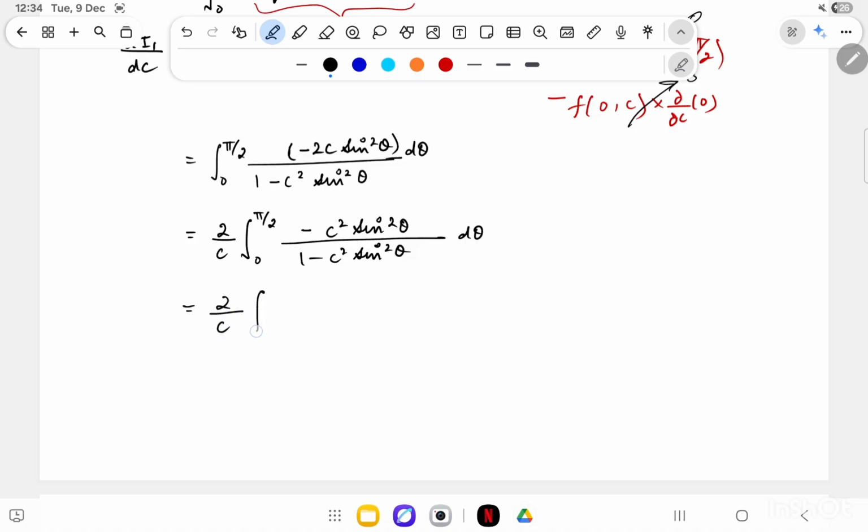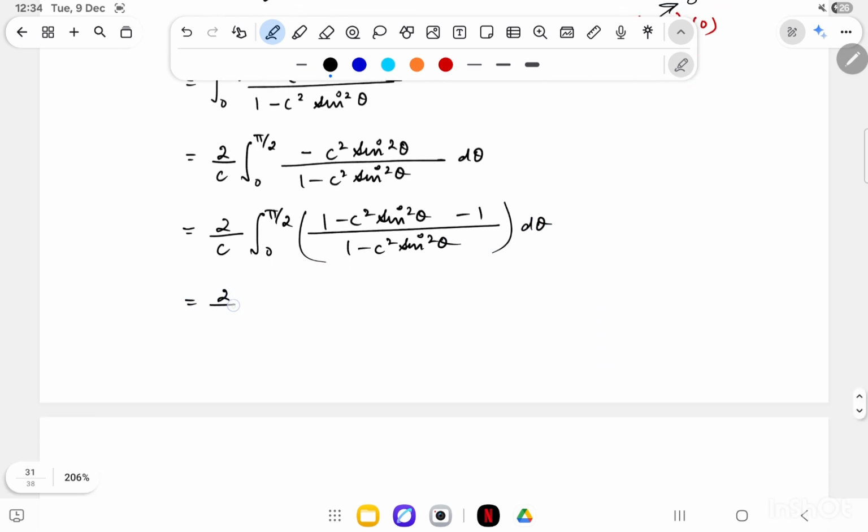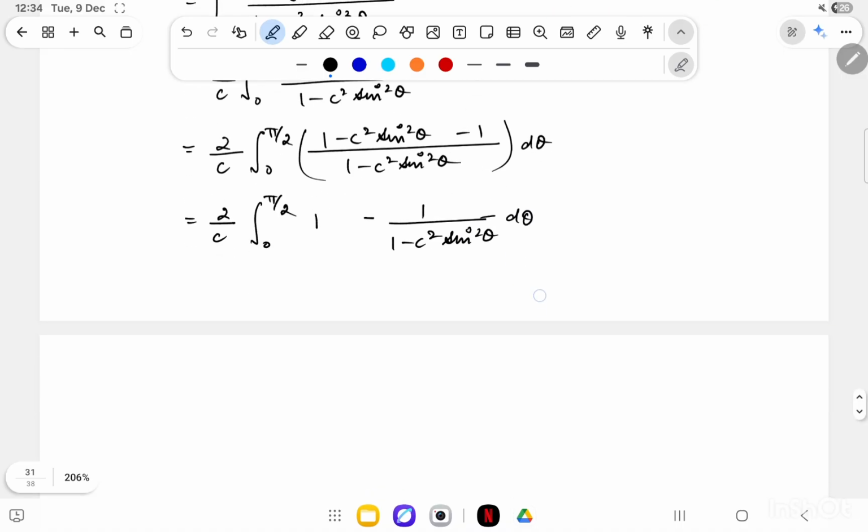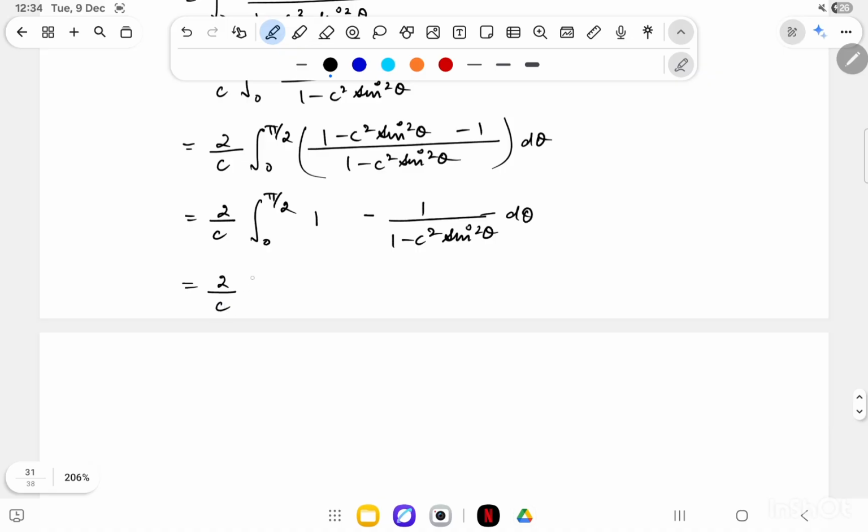So it will be minus 2 by c integration from 0 to pi by 2 of 1 minus c square sine square theta minus 1 divided by 1 minus c square sine square theta d theta, which will be equal to minus 2 by c integration from 0 to pi by 2 of 1 minus 1 divided by 1 minus c square sine square theta d theta, and it will be equal to minus 2 by c times pi by 2 plus 2 by c integration from 0 to pi by 2 d theta divided by 1 minus c square sine square theta.